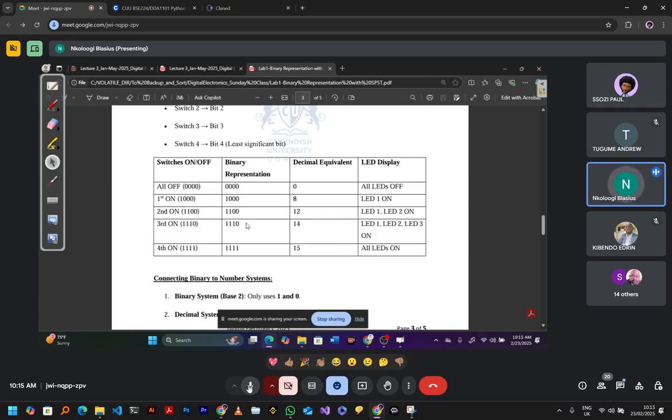Most preferably, don't use my scenario, because in my scenario, all are zeros and only one is on, which means the decimal equivalent is 8. When only the third switch is on, then I have this, and the LED display is this. So try to create for me a simple table like this, but avoid the scenarios that I used.